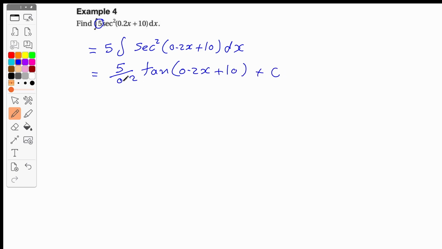Your answer should be in the simplest form. 5 over 0.2, if I multiply up and down by 10, will be 50 divided by 2, which is 25. So 25 tan of 0.2x plus 10, plus c, and this is the final answer for this question. Next one.